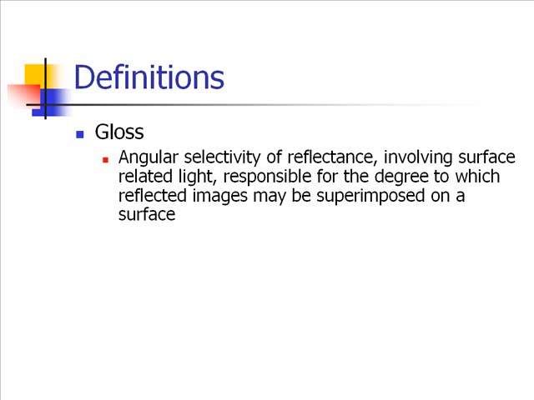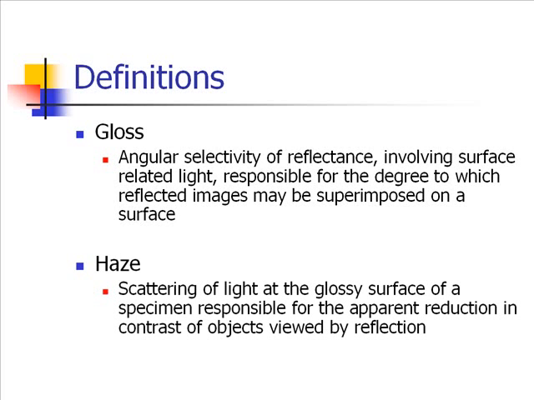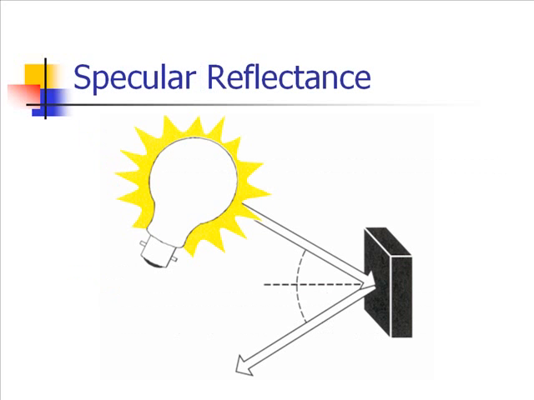It's a shiny surface. A hazy surface is one where, if you look at the image, it's not quite as sharp. It's wavy. It doesn't look as good when you see a reflective image. That's what haze is. It's not as sharp of an image. Specular reflectance looks like this. The light hits the object, bounces off in a very specific angle, especially if it's a real shiny object.